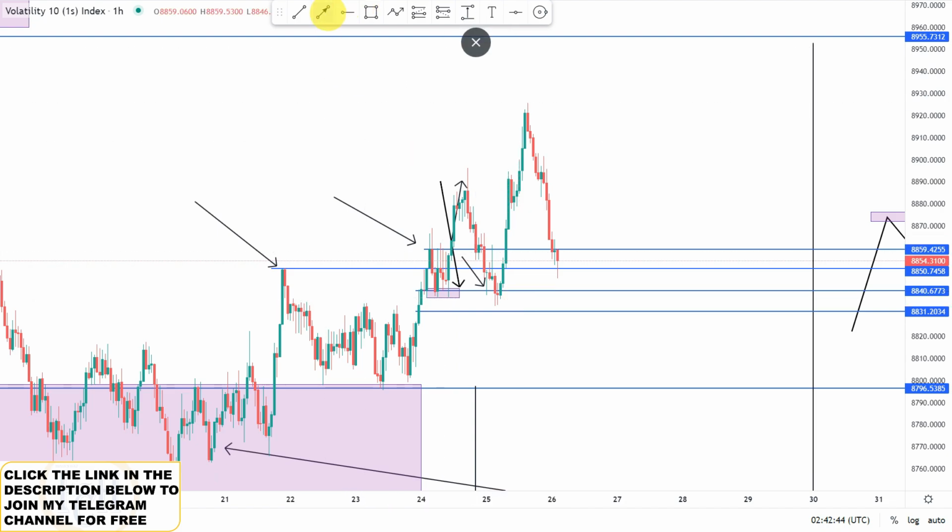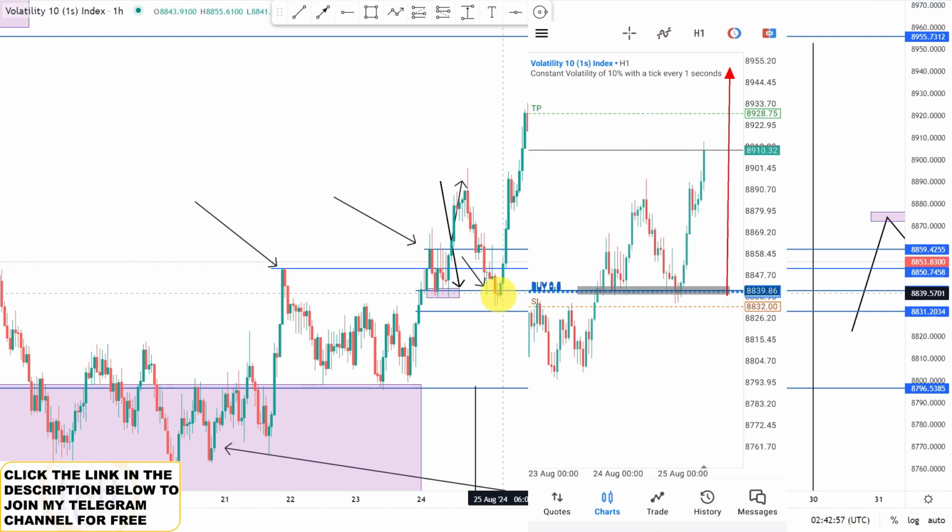You can see how the stop loss is very minimal right here, just a few pips, that even a person with a $50 account would have entered this trade. And guys and girls, that's how you are supposed to do your analysis.